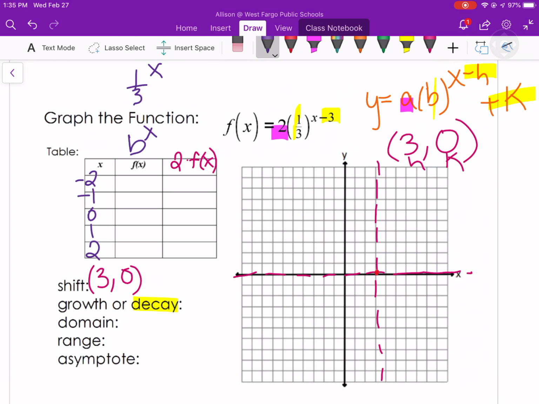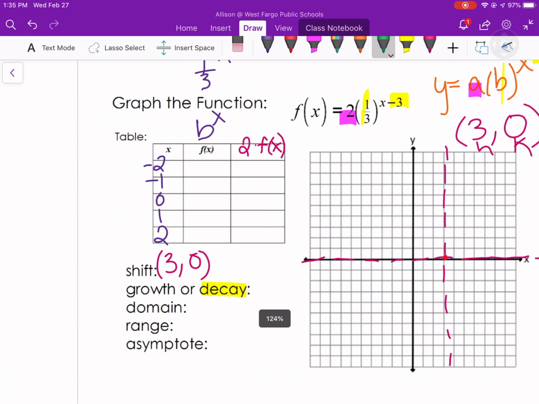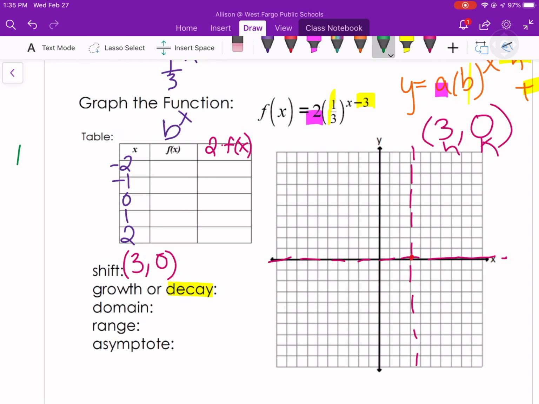In the last example, our b was 2, so I plugged in 2 to the x. Now our b is 1/3, so I'm using 1/3 to the power. So if I have 1/3 to the power of -2, that's really like 3 over 1 to the positive 2 power, which, 3 squared is 9. So remember the negative exponent rule?